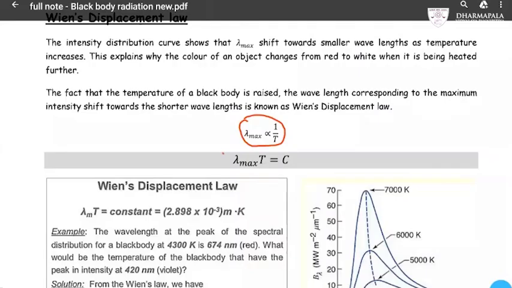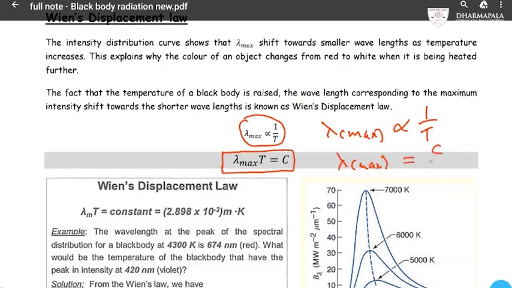From this relationship, we can derive an equation relating lambda max and T, the Wien's law. As lambda max is inversely proportional to absolute temperature, to make it an equation, we have to put a constant here.